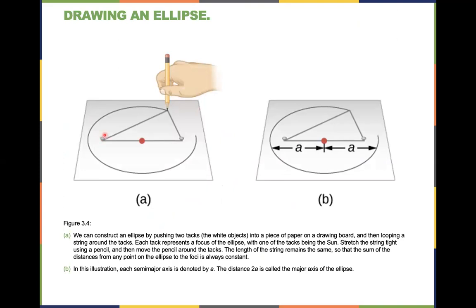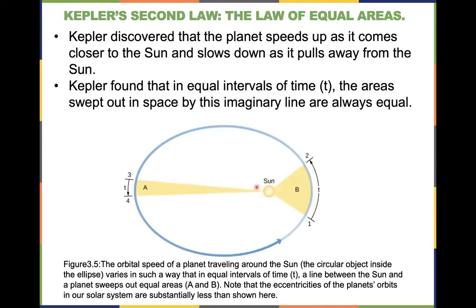There is one focus here and one focus here. The planet goes around this elliptical orbit and the sun is on one of these foci, and in the other focus you don't have anything. So the sun is on one of these foci, and then you have a planet going around an elliptical orbit.